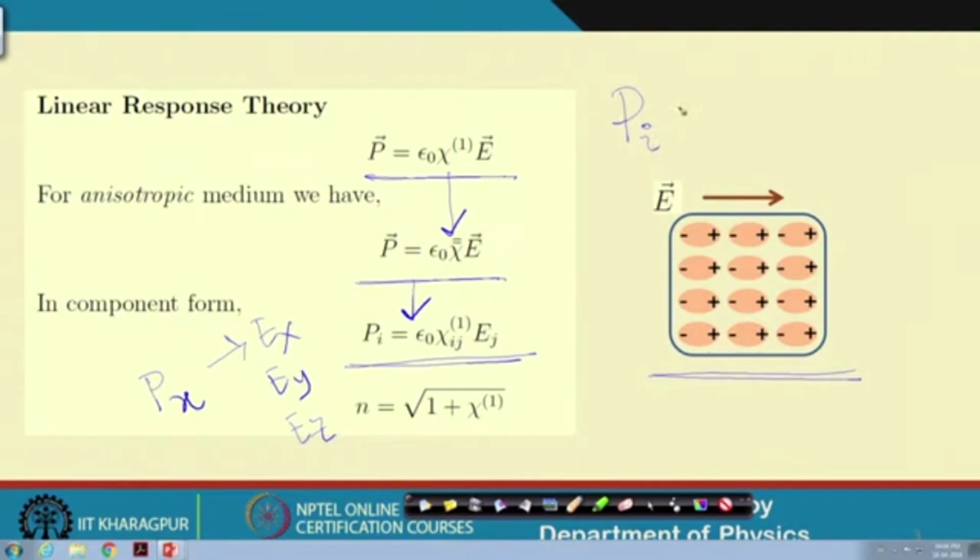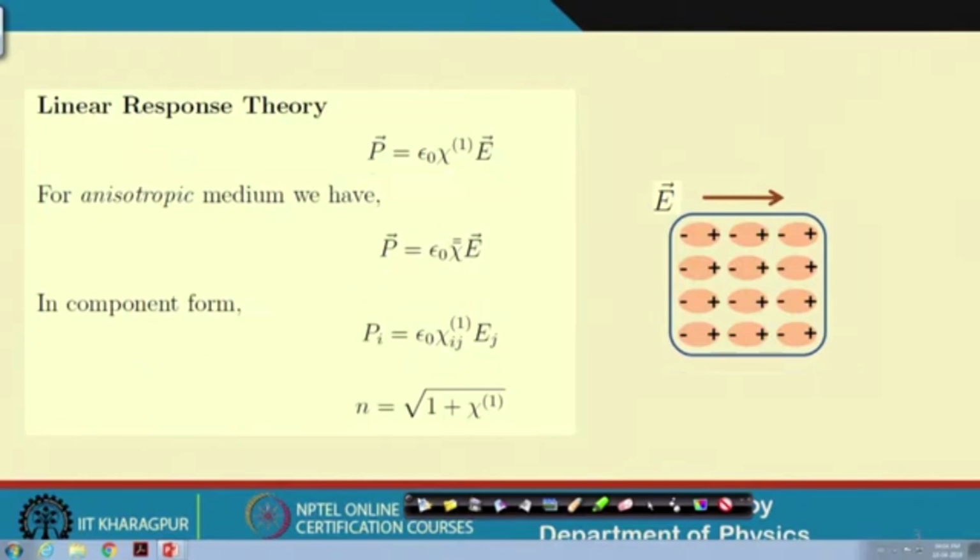The i-th component of P is now related to this quantity and then E j, and it is a summation over j, because j is the repeated index, and we know that if there is a repeated index, then the sum is over that. This is the Einstein notation. We have already discussed these things in our earlier classes.